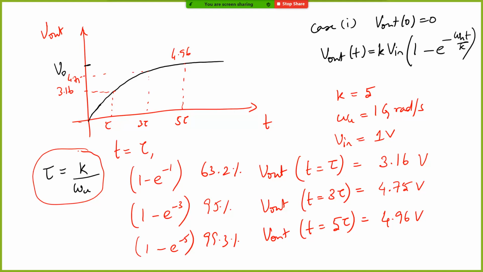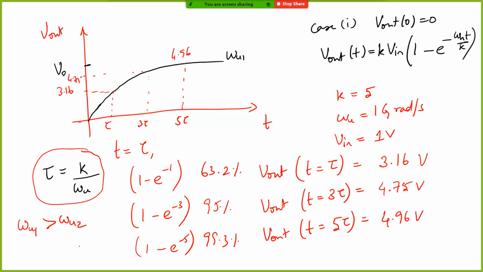or in other words, this K by omega u. So, what can we say about the omega u? Let's say you have a system where omega u1 is greater than omega u2. Let's say this black line is for omega u1. Now I am telling you that omega u2 is smaller. How do you think this time domain response will look like?